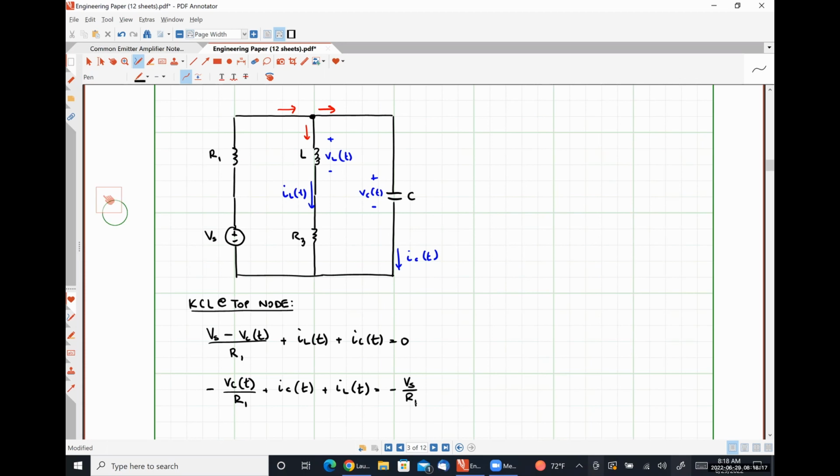That's just algebraic manipulation of our expression, where I'm moving the Vs over R1 term to the right-hand side of the equal sign.